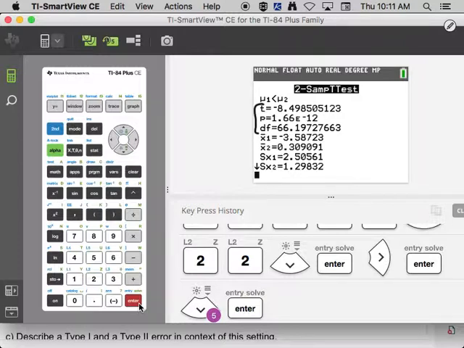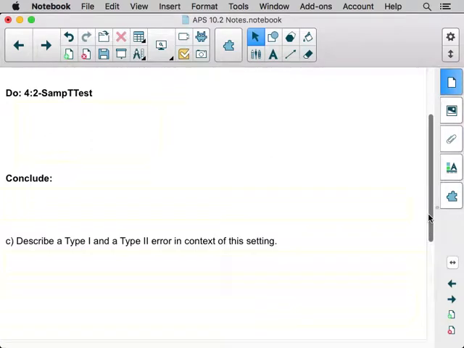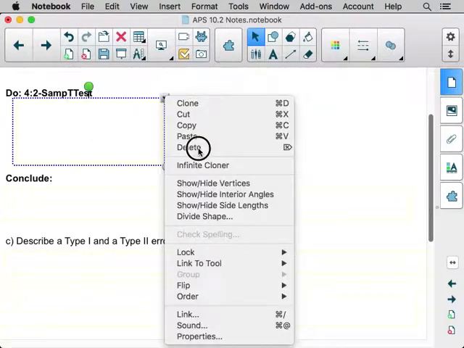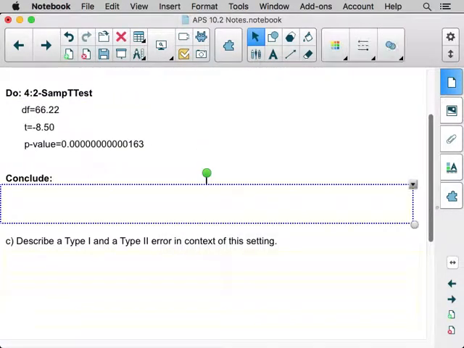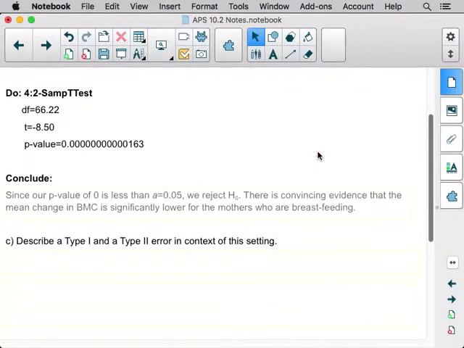And I think someone already said it. What conclusion are we going to make with that really, really tiny p-value? We're going to reject it hard. Here are the values. And then since the p-value is way less than, basically 0, way less than 0.05, we reject the null. That means there is convincing evidence.